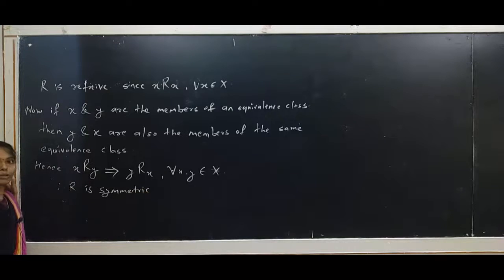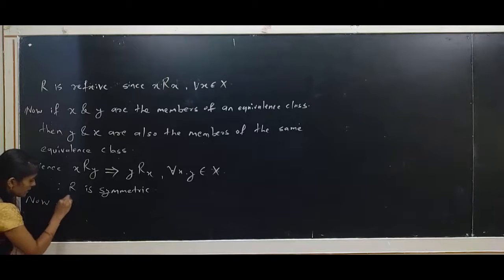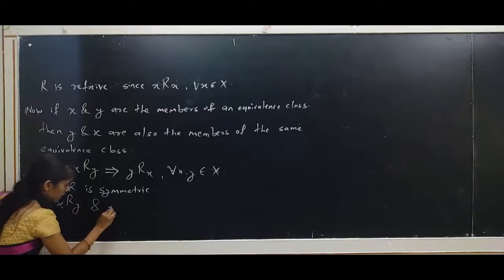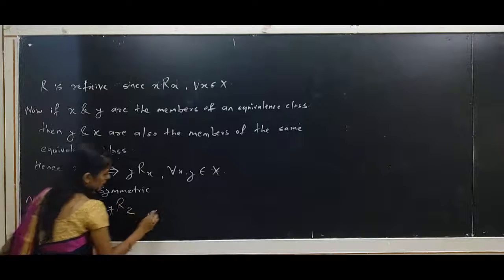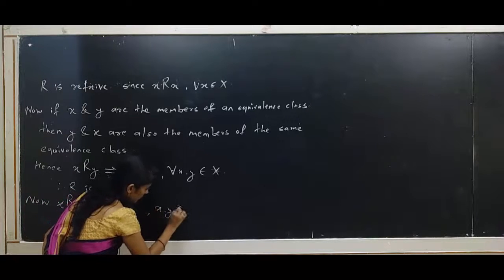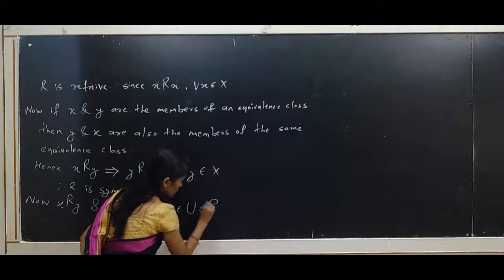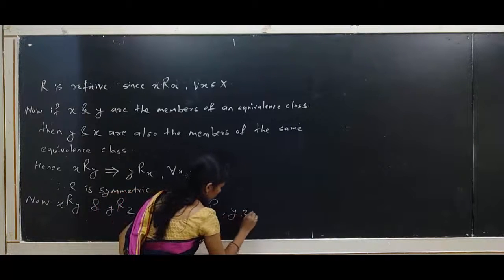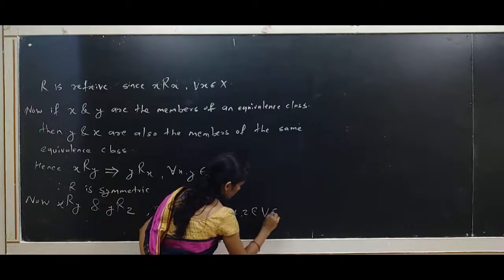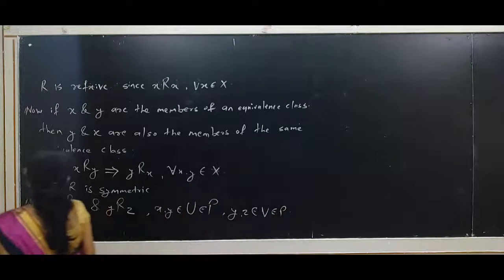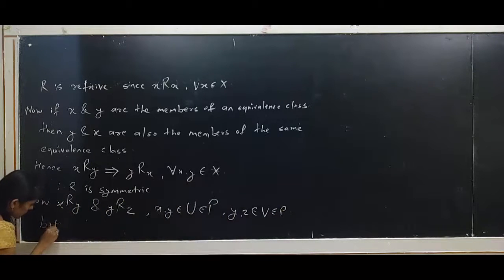Okay, now we want to show that it is transitive. So, for transitivity, x related to y and y related to z. So, here x and y belong to U, which belongs to set P. y and z belong to V, and V belongs to P. But P is a partition.